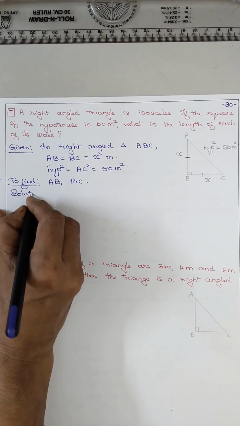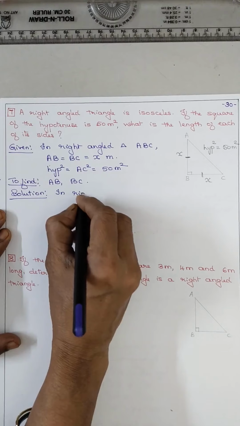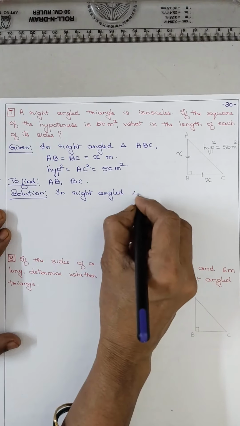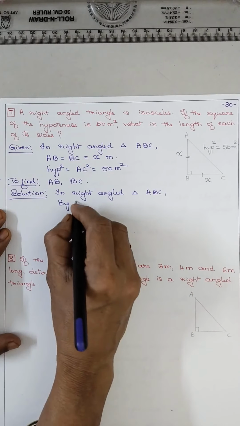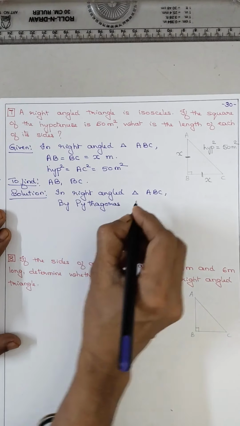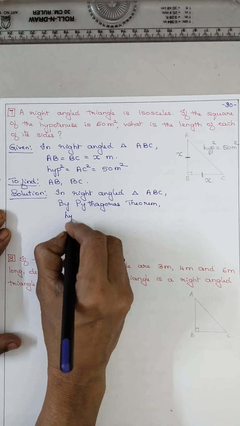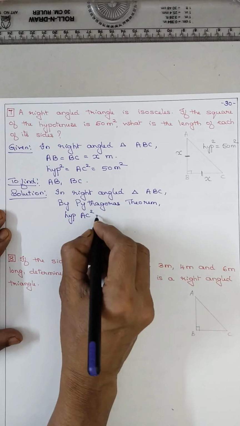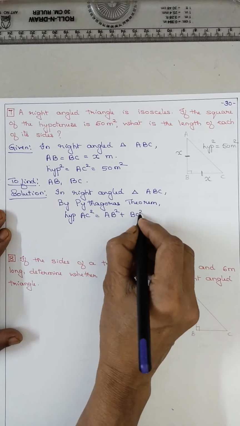Solution: in right angled triangle ABC, by Pythagoras theorem, hypotenuse AC squared is equal to AB squared plus BC squared, isn't it?